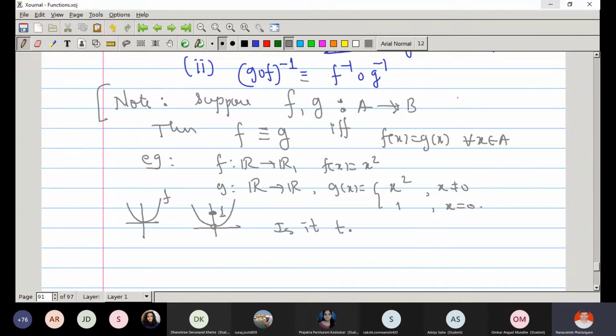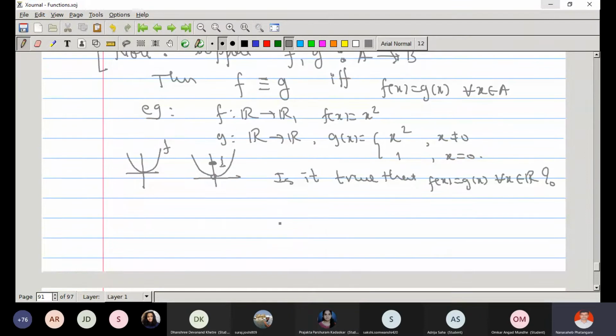No. Is it true that f(x) is equal to g(x) for all x in R? No, sir, because for x equal to 0, f(x) is not the same as g(x).